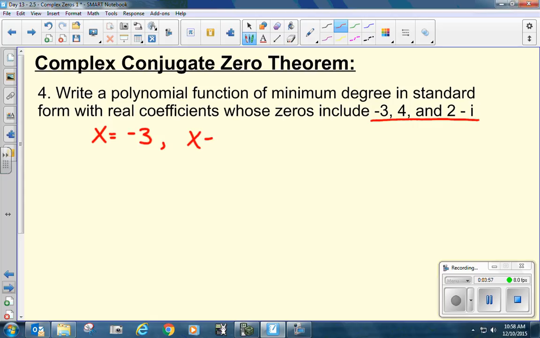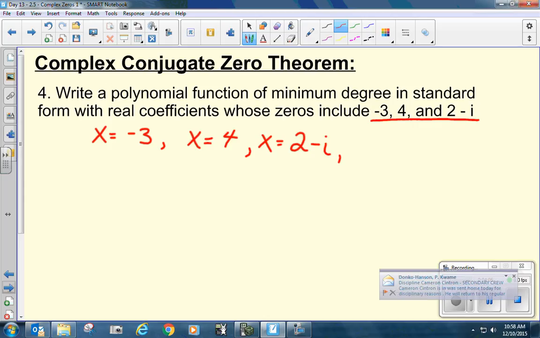One is going to be 4. And one is going to be 2 minus i. Oh, but I know another one now. What's the last one? Yes, thank you very much. If 2 minus i is a root, then 2 plus i has to be a root. It has to be. And all we're going to do is reverse T-bone these to get our polynomial.